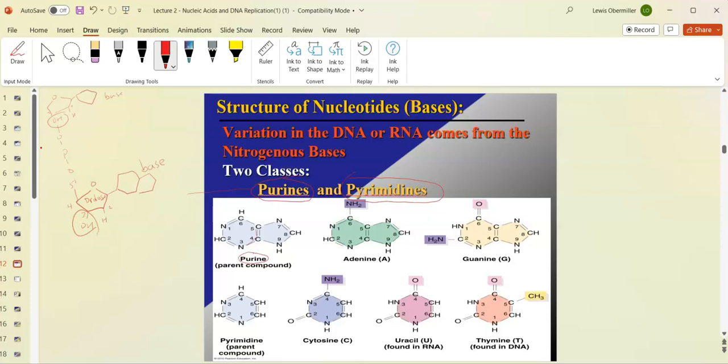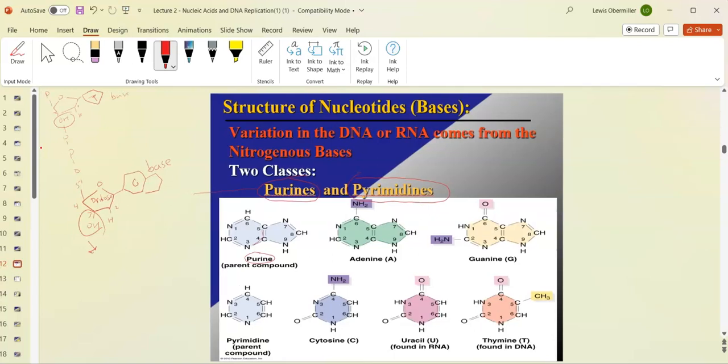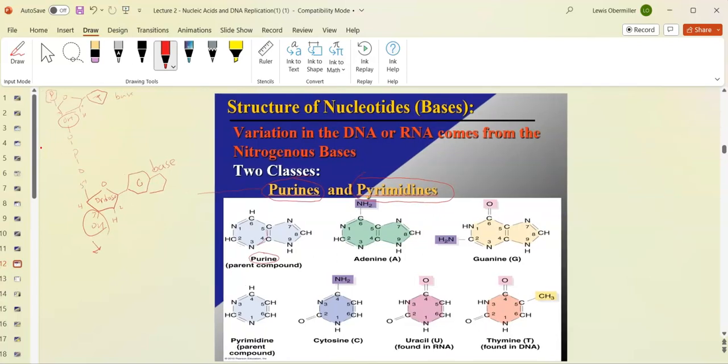We'll call this a T, and we'll call this one G. So this would be T and G, right? And then we could have another one added here. And then we have the phosphate group here. I'm not going to draw the oxygens, but the phosphate group is here. And then the hydroxyl group is here on the 3 prime carbon, right? And the phosphate is on the 5 prime carbon.